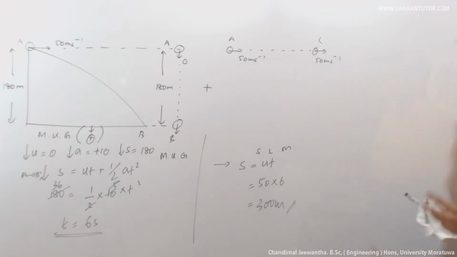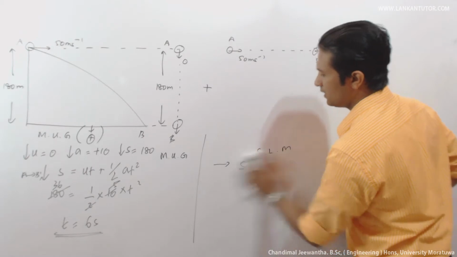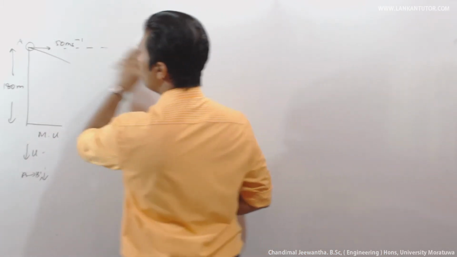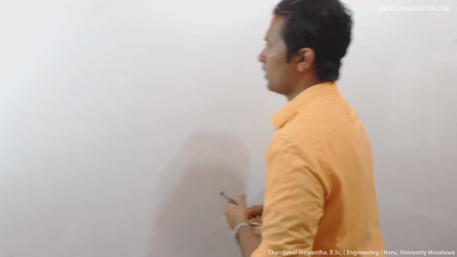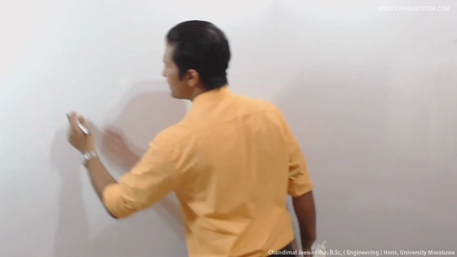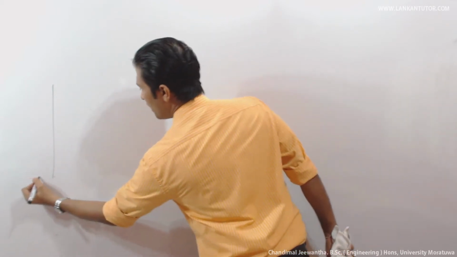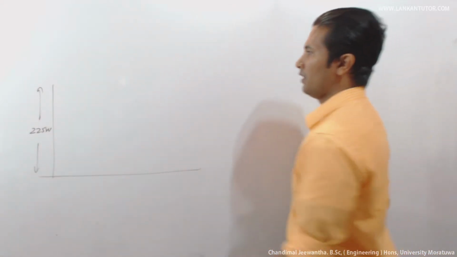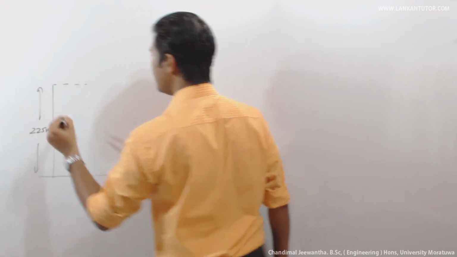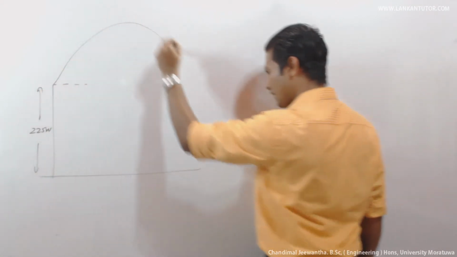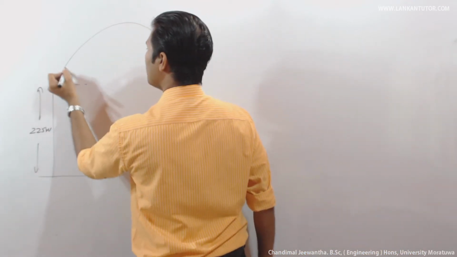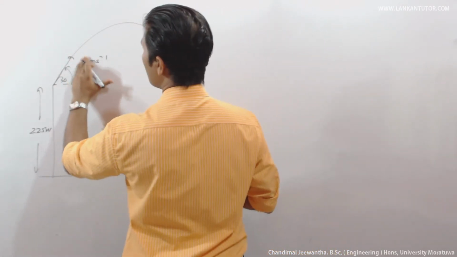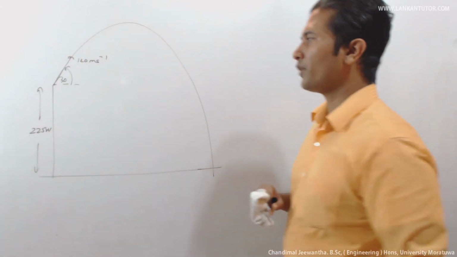Now we can consider another example. The object is projected from a 225 meter higher cliff, and the main important thing is it is projected upwards with an angle of 30 with a velocity of, let's consider that is, 120 meters per second.